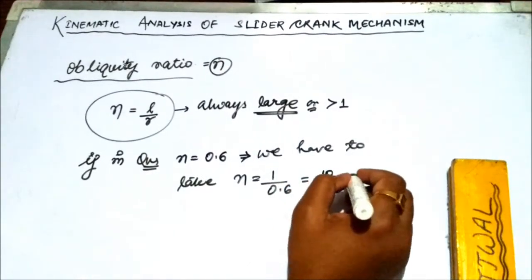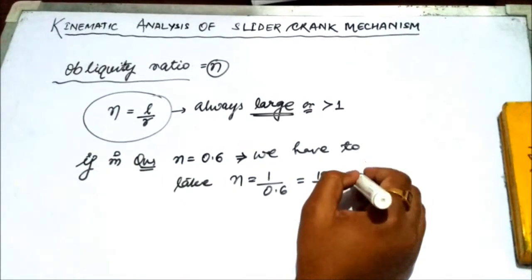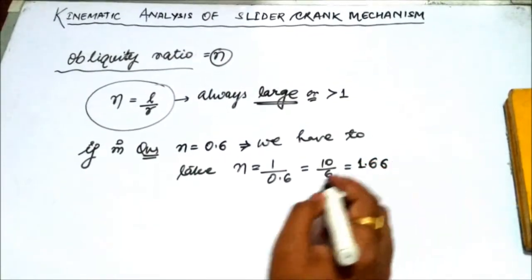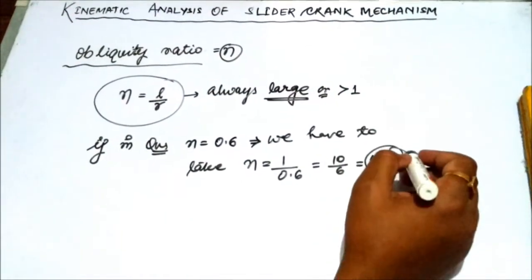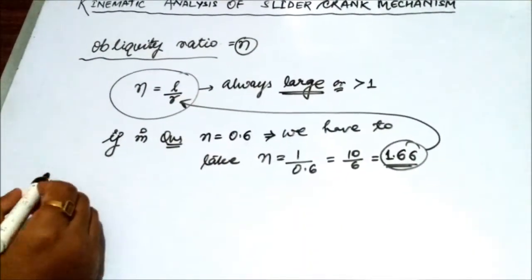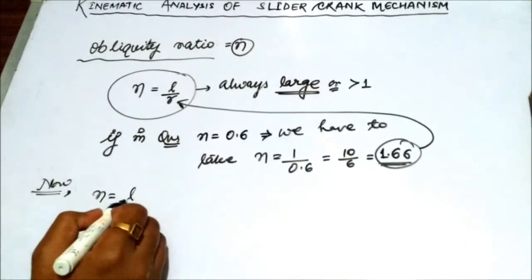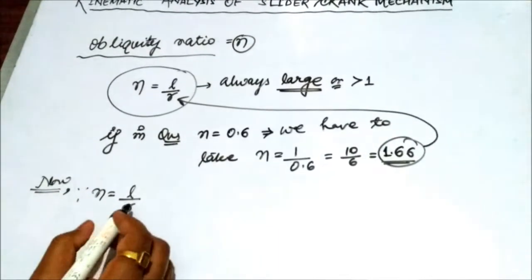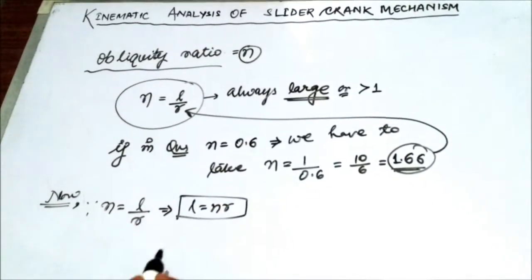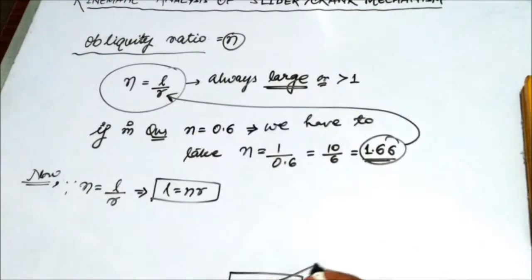So always be cautious with the value of n, because some textbooks say the obliquity ratio is R by L. Due to this confusion in numerical problems, we may get a wrong answer. So always keep in mind, I have derived this equation, and in future I will derive every question with n as the larger value, that is L by R.